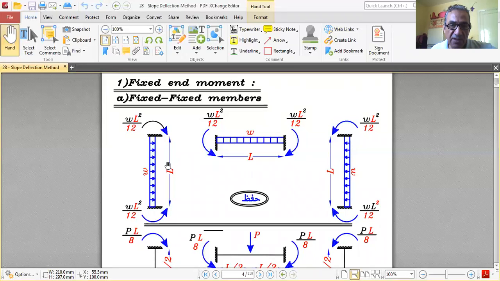So this one is clockwise, so positive. The lower one is anti-clockwise, so this is negative. Over here, positive, negative.